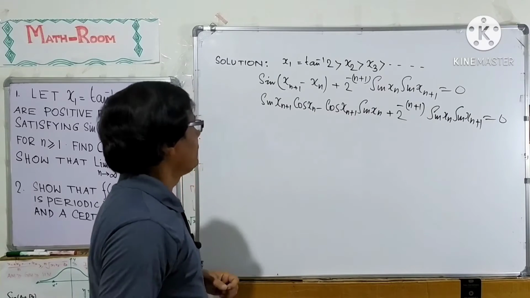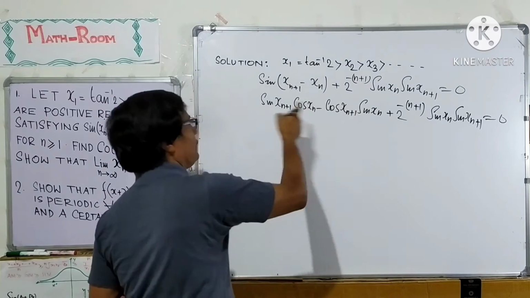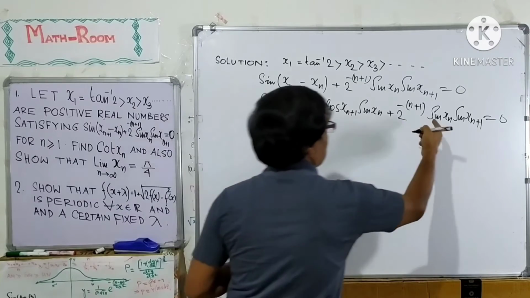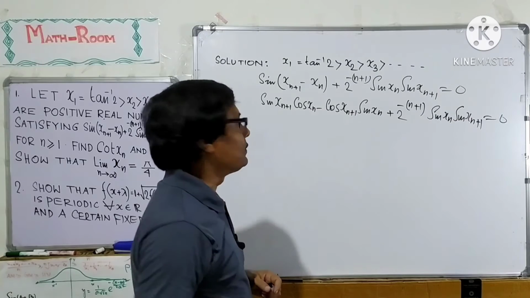This is the expansion. Now we can divide the left hand side by sin x_{n+1}.